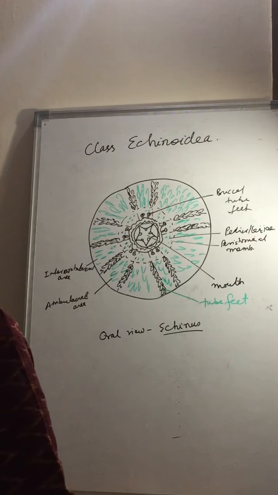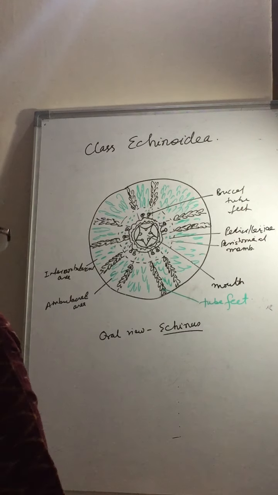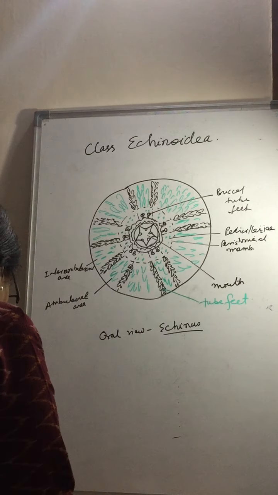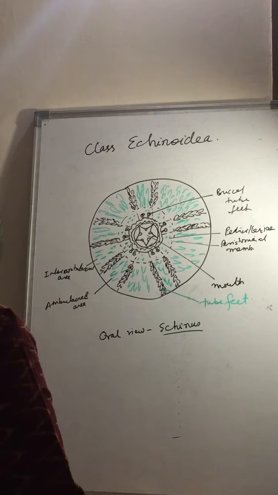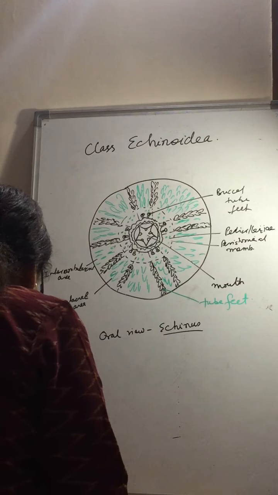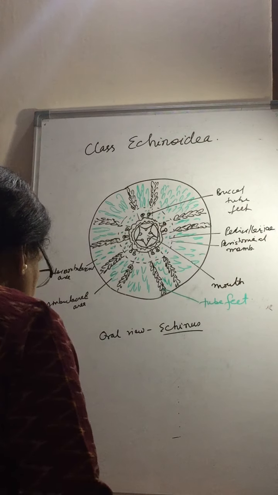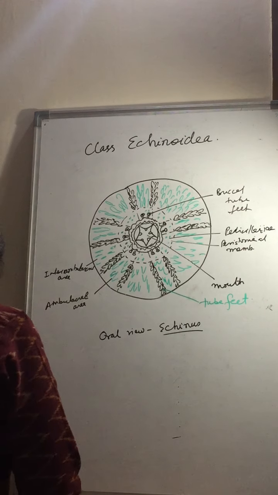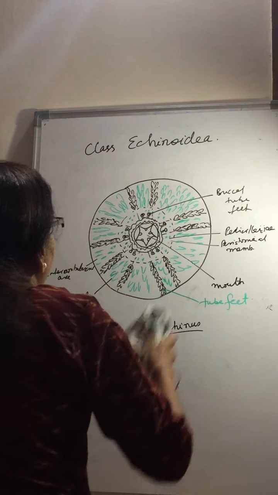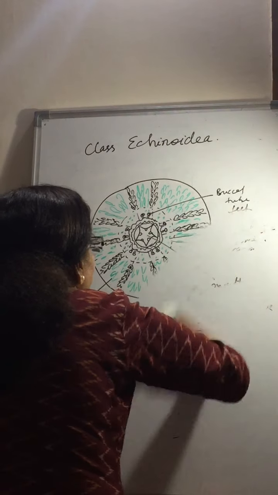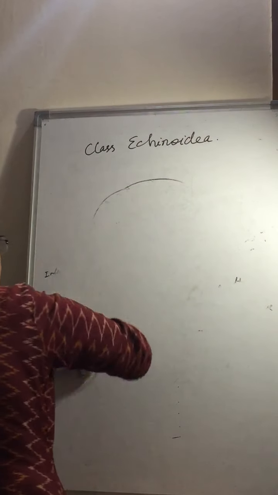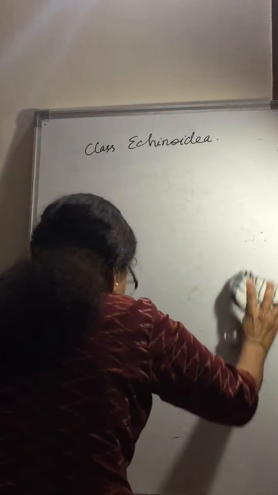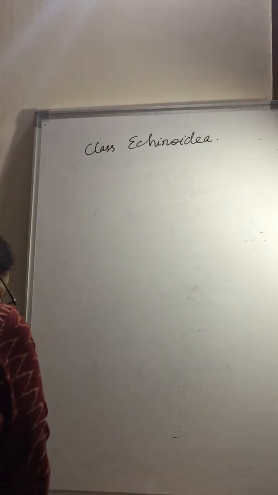So now let us take up something about the water vascular system of the animal. The water vascular system is like that of sea stars only. So if we draw another diagram, this is the internal anatomy of sea urchins.